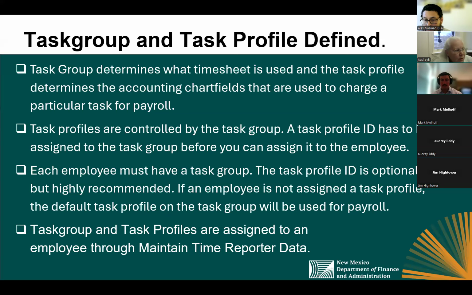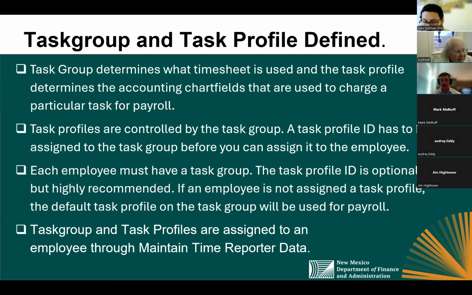So when I look for a task profile, I could create a task profile, for instance, that's central payroll. I know everybody who works in central payroll has the same funding stream. We're all paid from 100% general fund. So I could do a task group of DFA and a task profile of central payroll, where all of the 12 employees that work in central payroll would have the exact same task group and task profile.